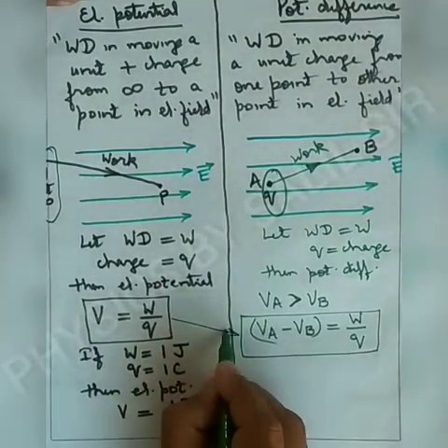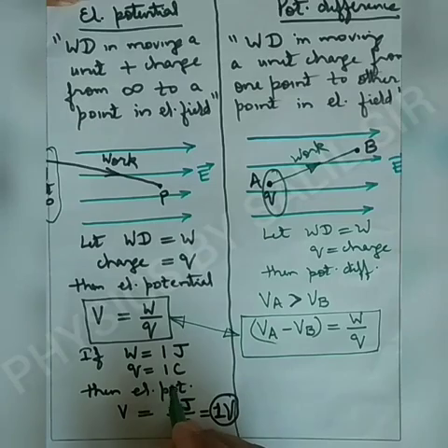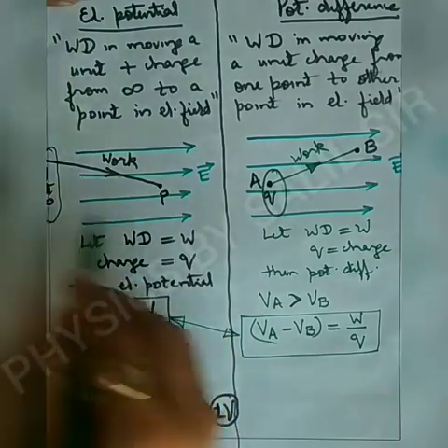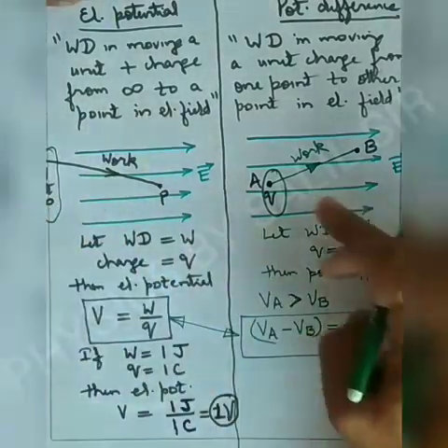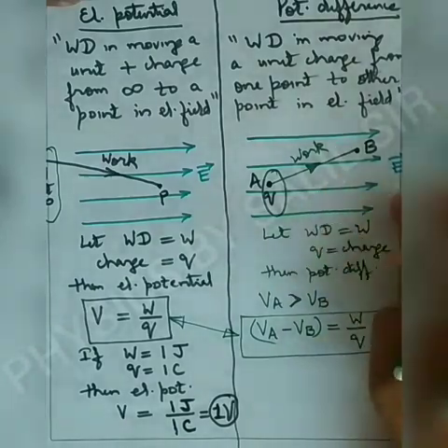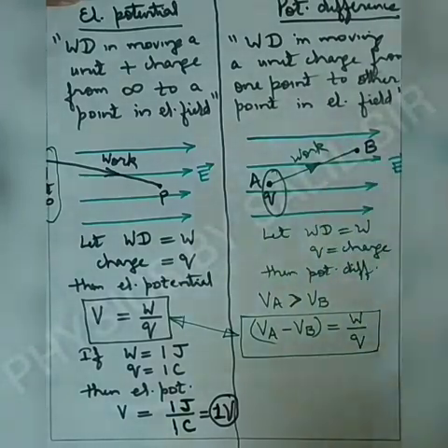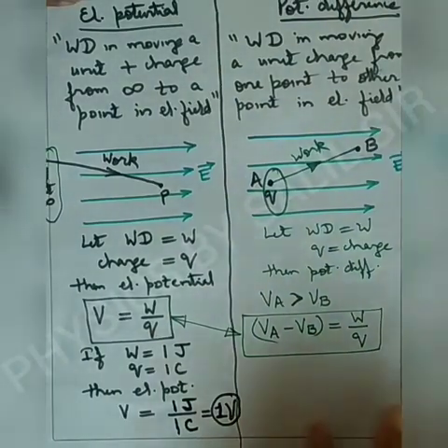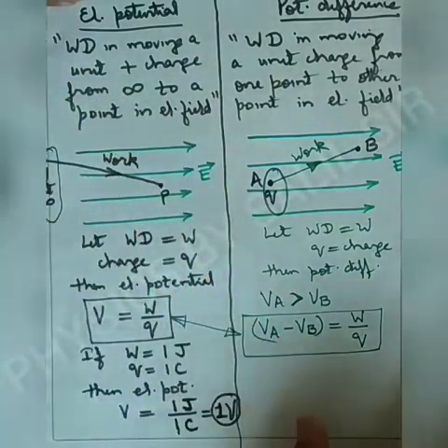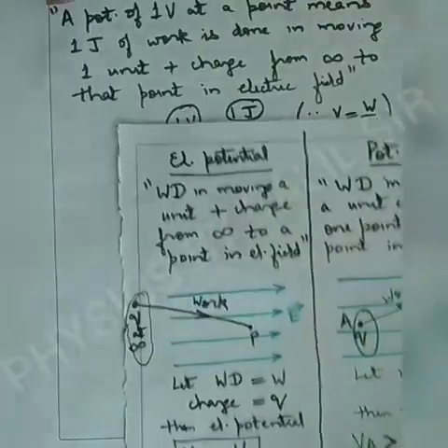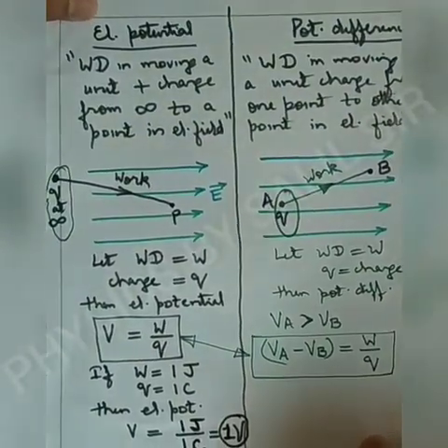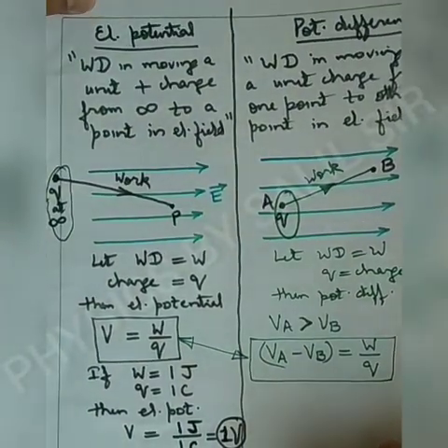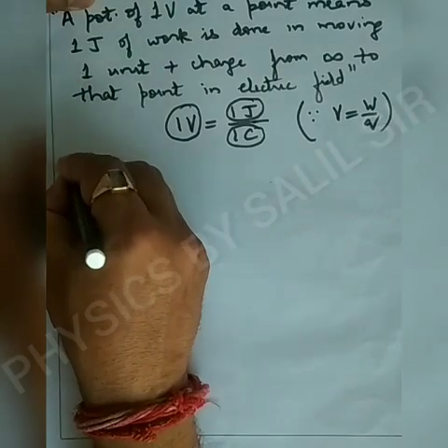The difference in the representation of the formula is this, and another difference is infinity versus the transfer of charge within the electric field. These are the two differences. Based on electric potential I defined 1 volt, but based on potential difference, the definition of 1 volt will be slightly different.